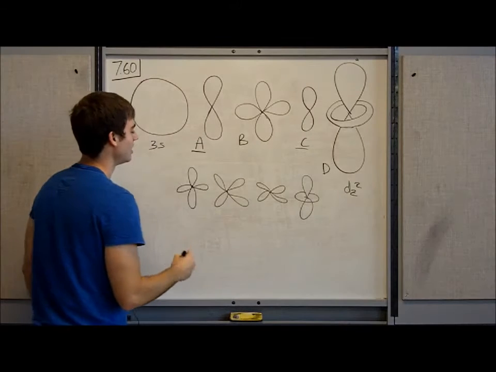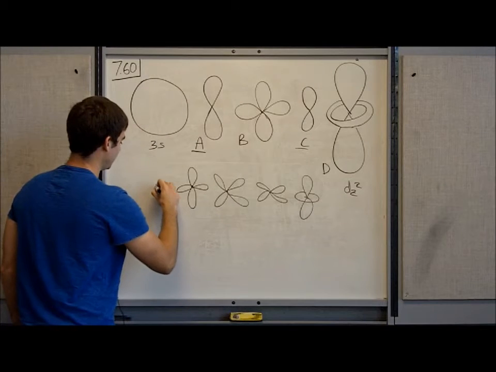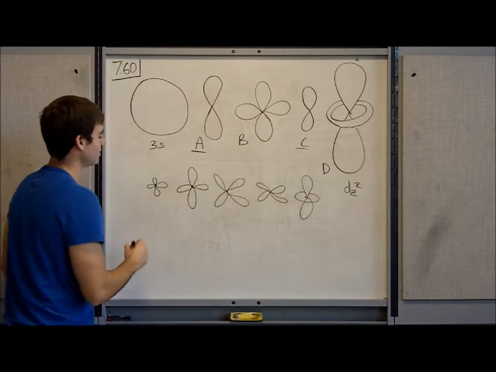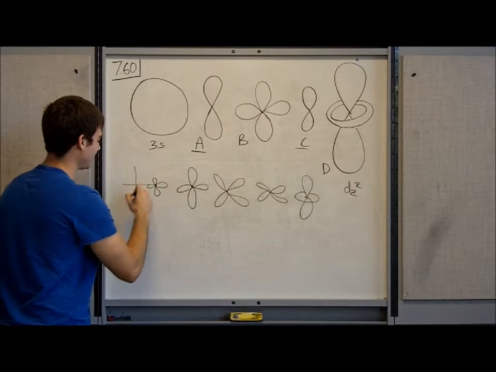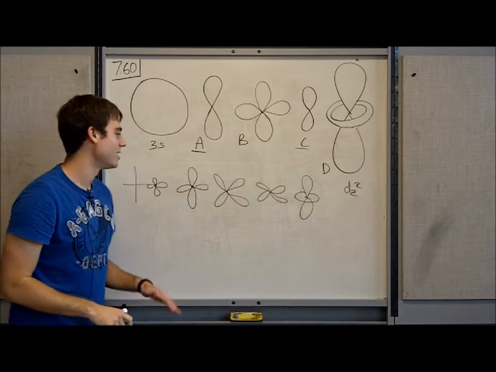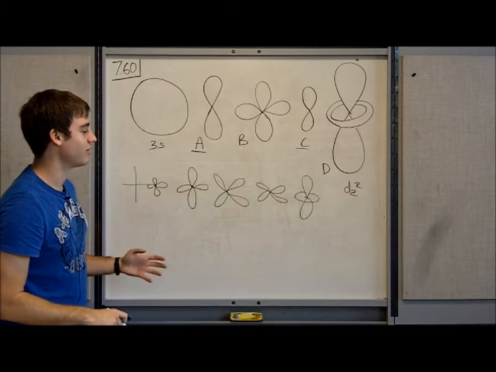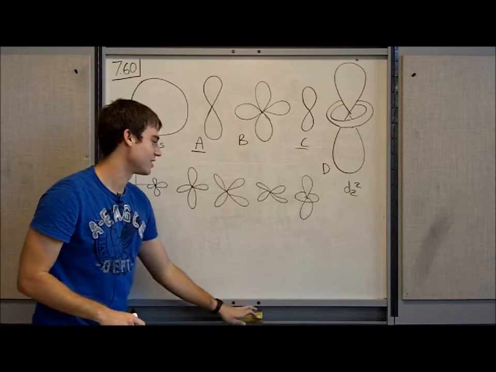There's one more. If you had an xy axis, it would be more clear. But basically, there are five different d orbitals, and one of them looks kind of strange like this.